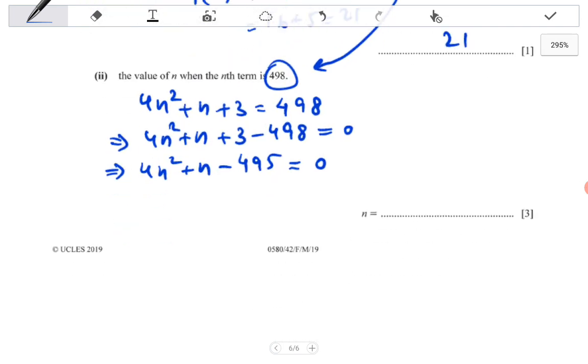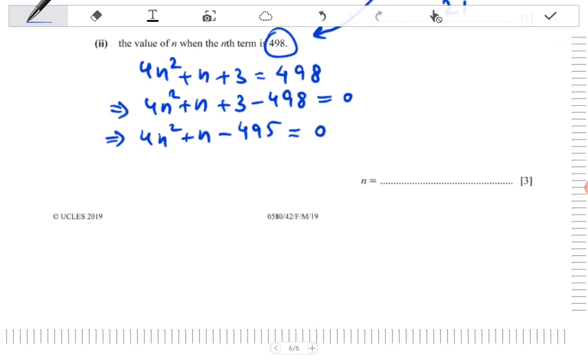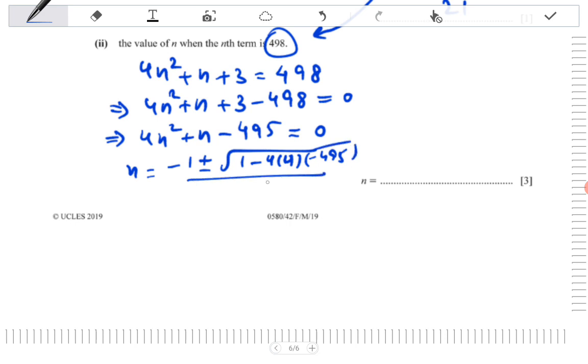Now try the quadratic formula or breaking the middle term to find the values of n. I am just directly trying with the quadratic formula: minus b plus or minus under root b square minus 4ac upon 2 times a.